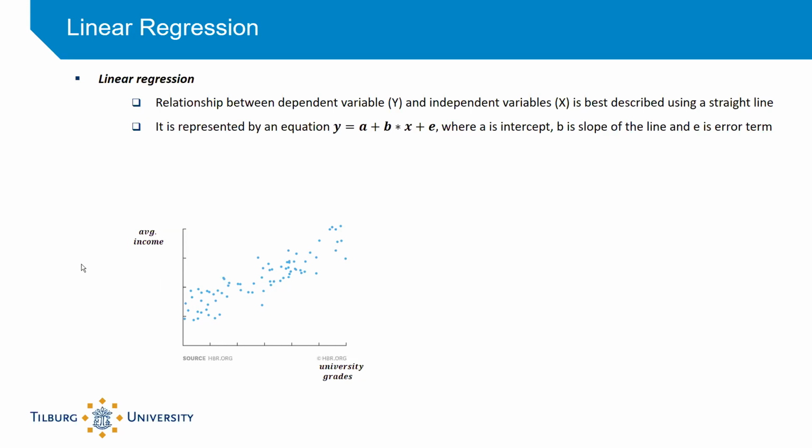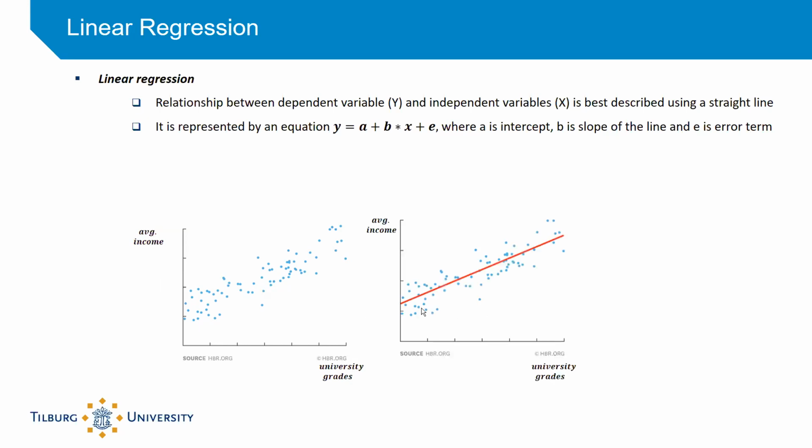So I run the regression model. You can run it on different tools like Stata, R, SAS, Python, wherever you want to. When you run it, it approximates a line that relates the university grades and average income. The tool itself calculates it, by trying to reduce the mean square error between the fitted values and the actual values.